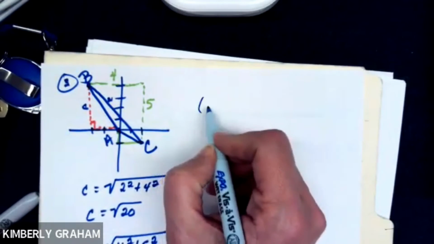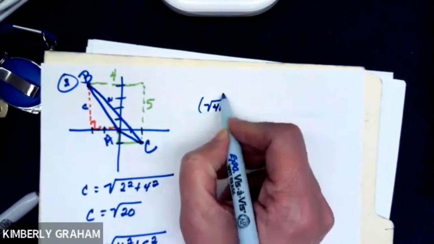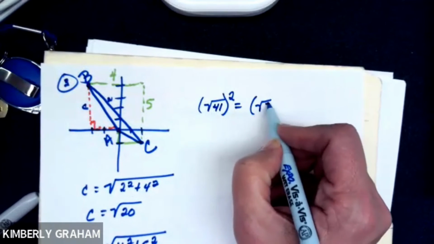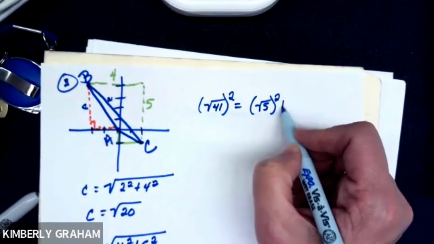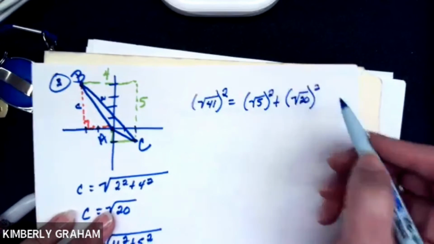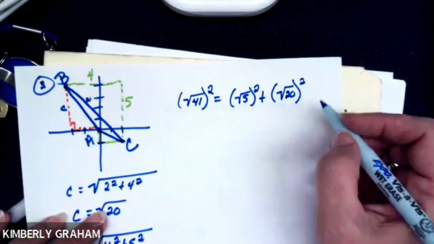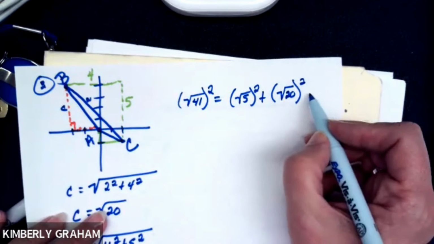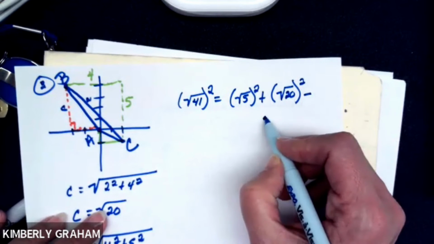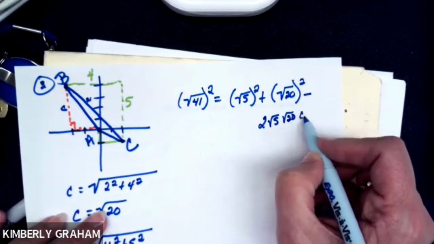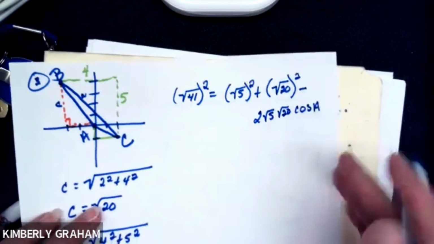So on this problem, I would have the square root of 41 squared equals the square root of 5 squared plus the square root of 20 squared, and I'm running out of room, minus 2 times the square root of 5 times the square root of 20 cosine A.